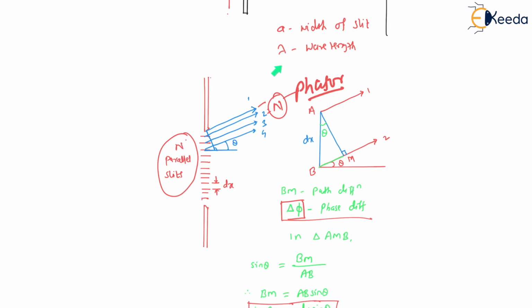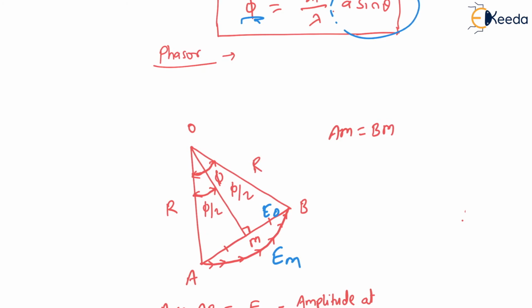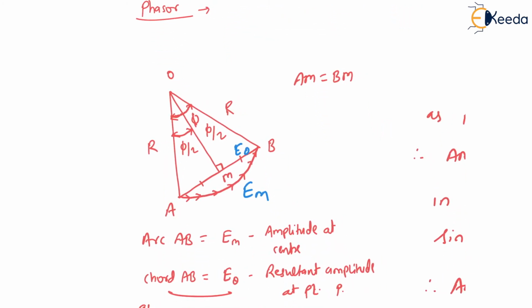So if we add all these n phasors, we will get the shape of an arc. Here I have drawn this one. Arc AB is nothing but the addition of n number of phasors.